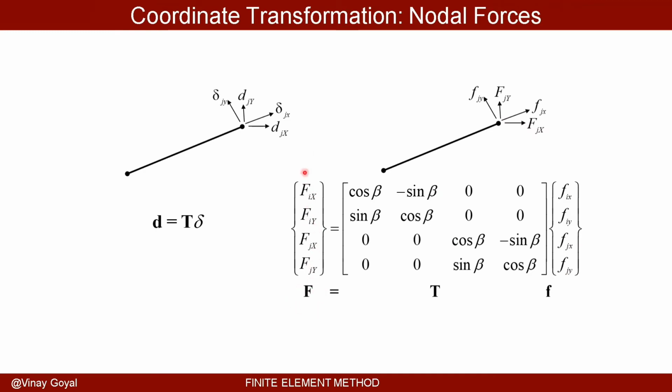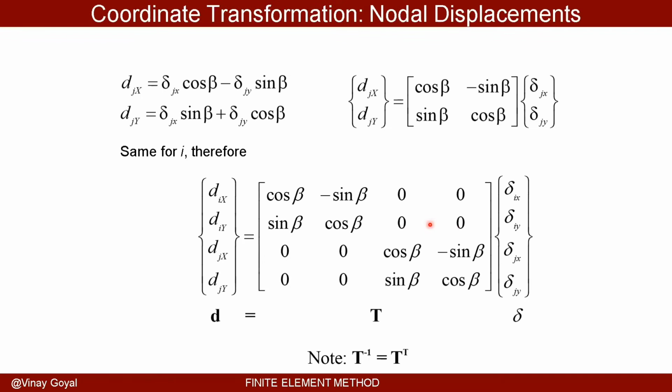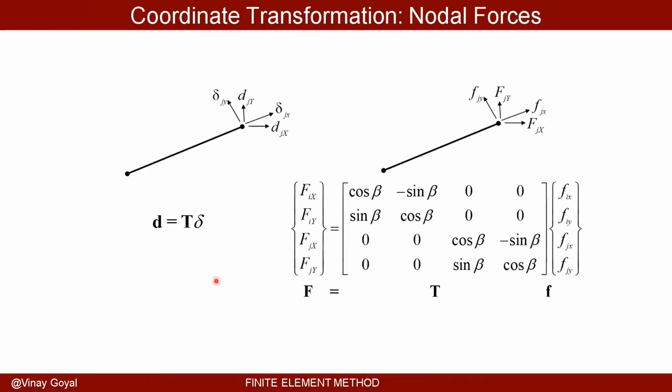I'm basically relating the local element forces times the transformation matrix, and that should make it equal to F bold in the global system. So I see this almost like a transfer function. I know the local values to the element. If I multiply by this transfer function, I'll get it in the global system. That's the way I like to look at it. I like to look at these things as transfer functions.